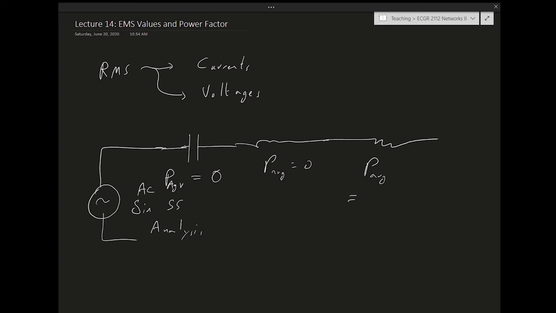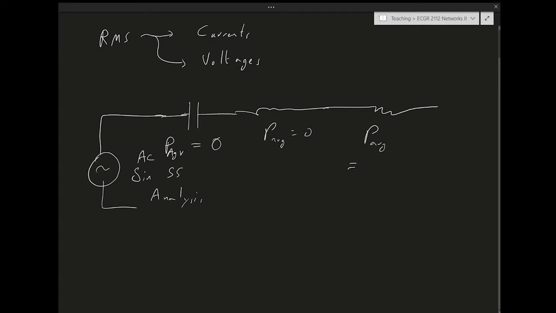But the resistor does consume average power, and we found that the formula for the average power consumed by the resistor turns out to be Vm Im over 2, where Vm is the magnitude of the voltage applied across the resistor and Im is the magnitude of the current.